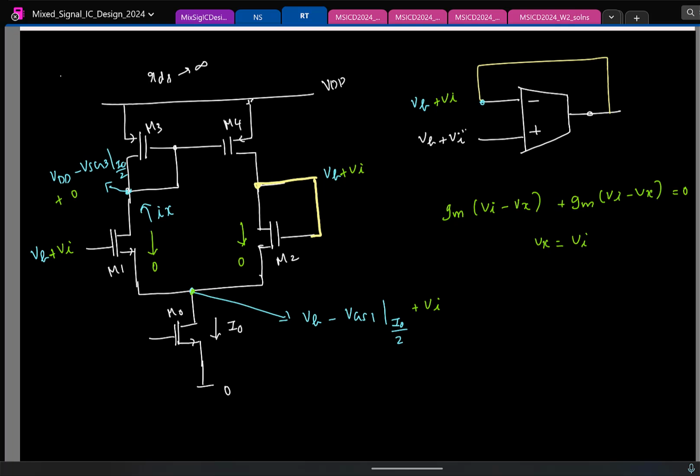Okay, I have a current flowing here. I want to find the voltage here. What do I need to find the voltage? The equivalent resistance there. What is the equivalent resistance here? 1 by Gm, okay, parallel RDS, whatever. So what will be the voltage then? Ix by Gm. And in our case, what is Ix? So voltage is fine.